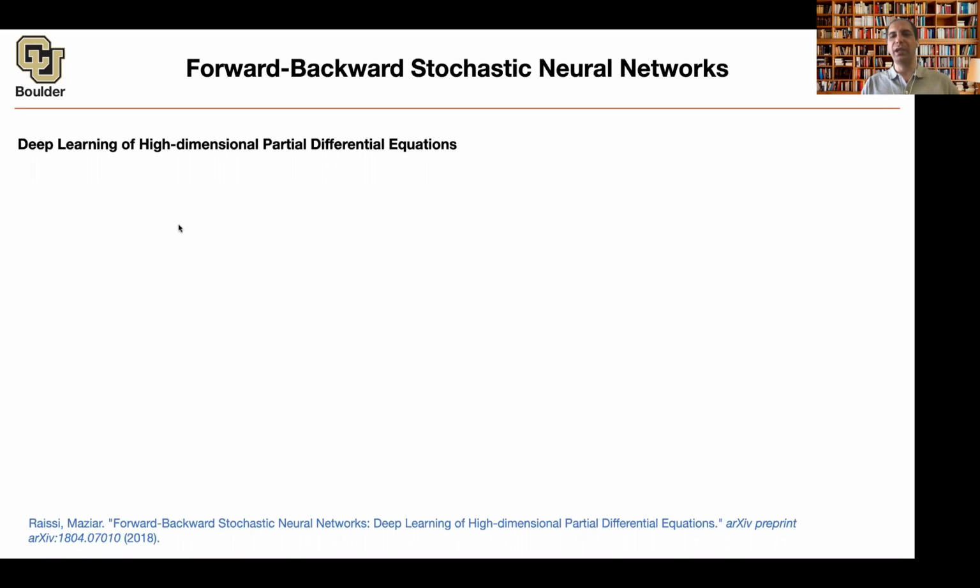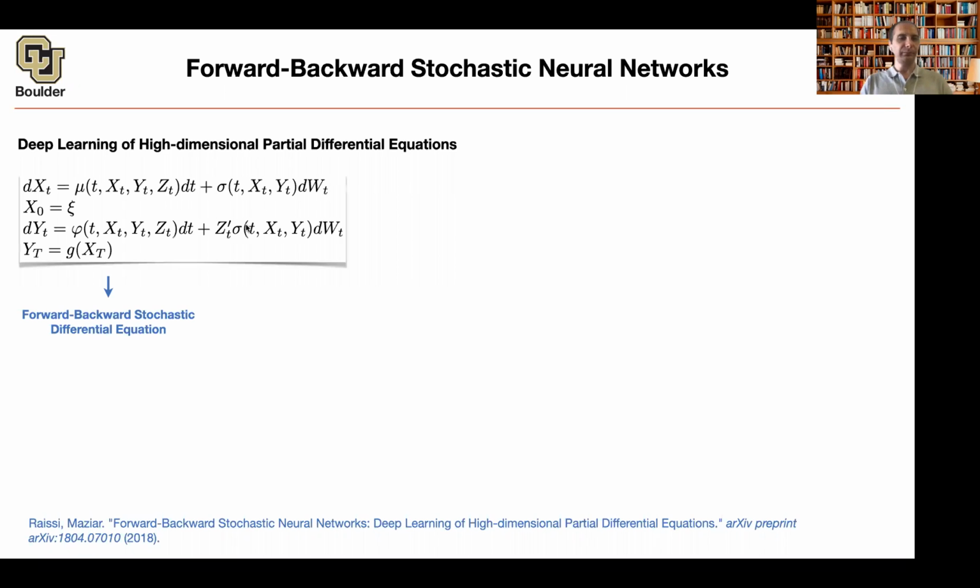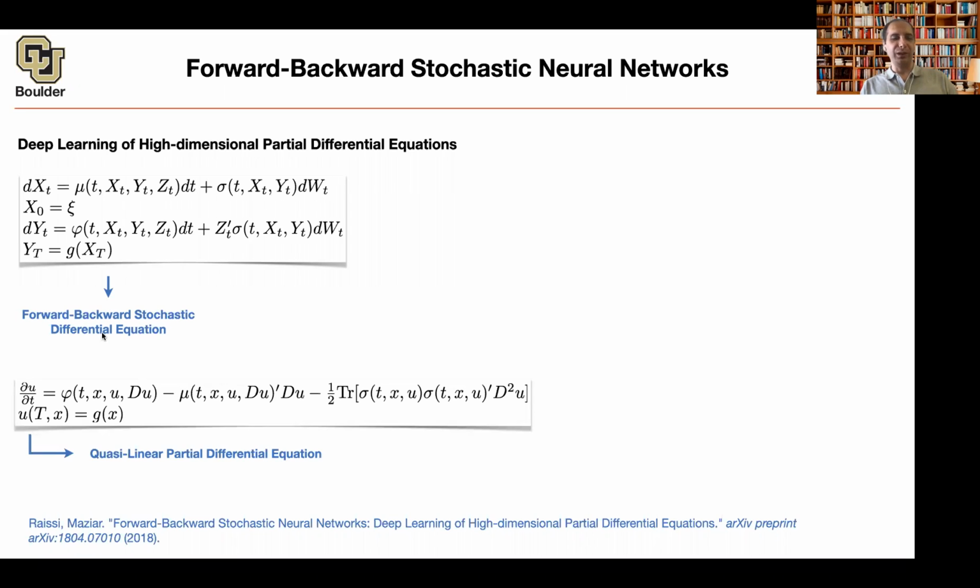They show up in stochastic control, and they show up in pricing derivatives, basically options on assets. So asset pricing or derivative pricing. There is this theorem. The theorem is not mine, which tries to relate forward-backward stochastic differential equations and quasi-linear partial differential equations.